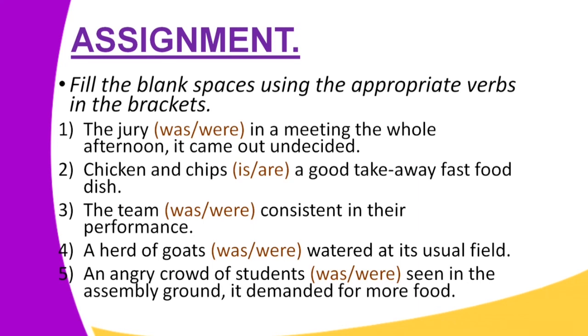Number 2, chicken and chips are a good takeaway fast food dish. Now, again, the verb are shows us that chicken and chips is being treated as a singular entity. So once again, we are going to use a singular verb, is, so that it becomes chicken and chips is a good takeaway fast food dish.